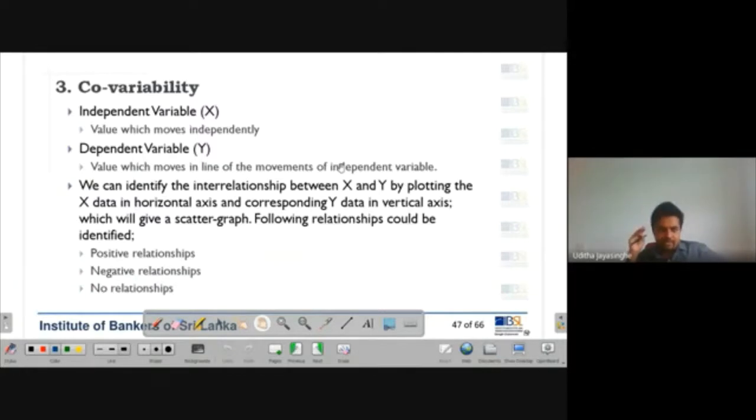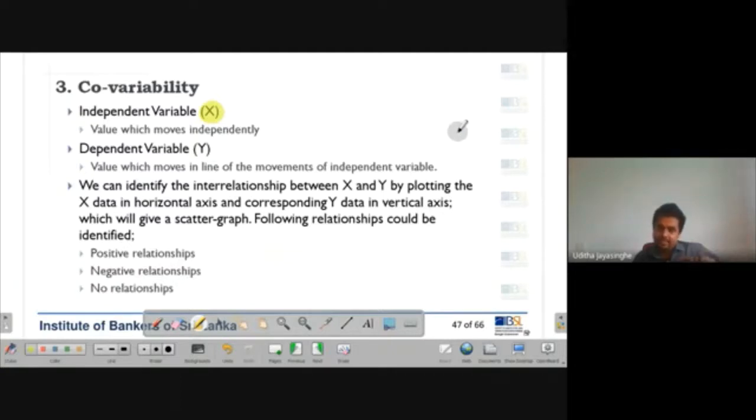Typically we take the x variable to be the independent variable. As in, we can move that variable independently, and with that movement, we see what happens to the value of the second variable, height and weight.